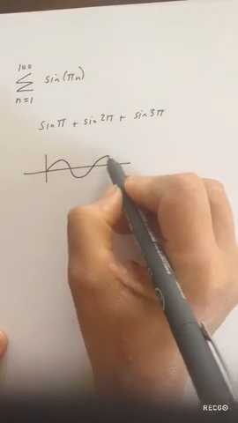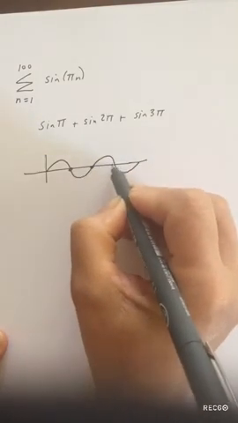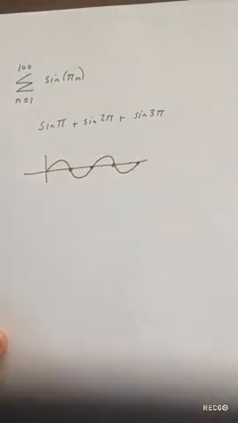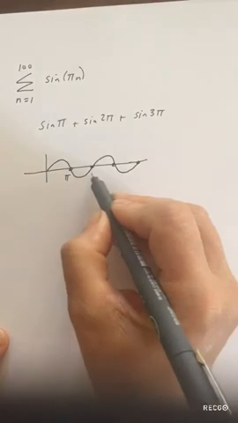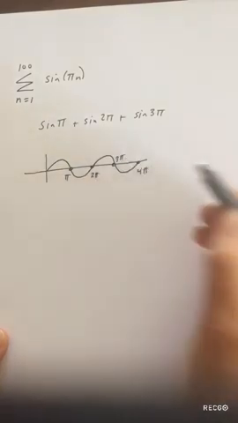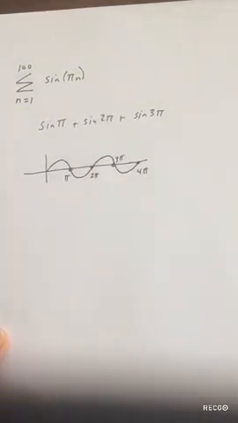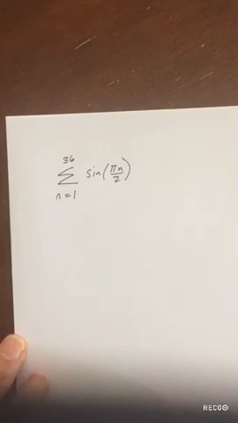Okay, it kind of looks like that. Okay, so at every multiple of pi, right, the value is actually 0. So this is like pi, 2 pi, right, 3 pi, 4 pi. So in fact, this whole summation of 100 things is going to be 100 zeros, so that whole sum is going to be 0.